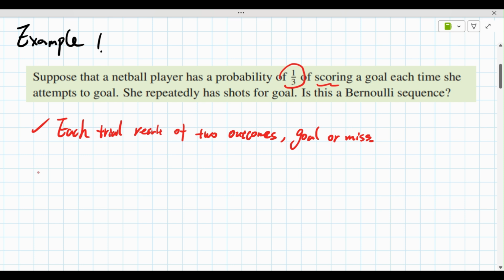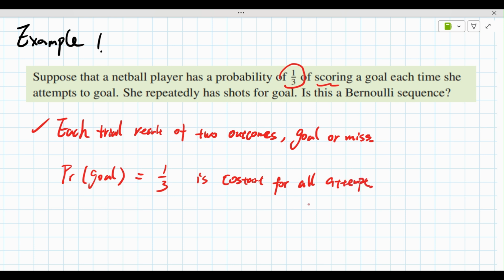So tick. And secondly, the probability of the goal is equal to 1/3, and it is constant for all the attempts. And the probability of a miss will be 2/3.